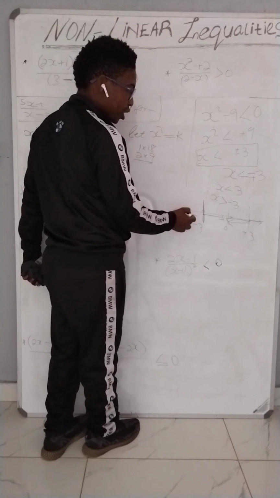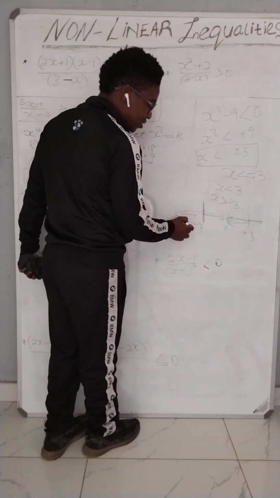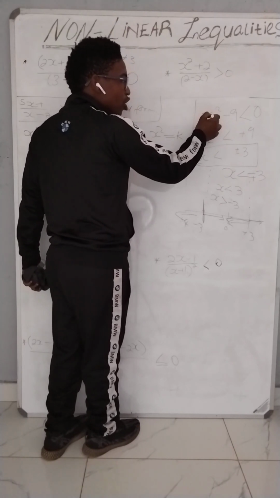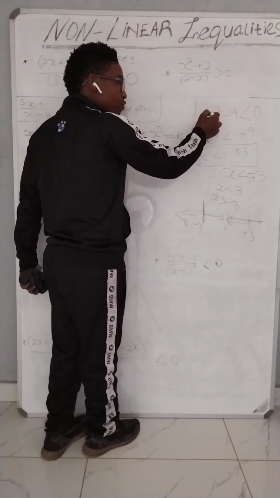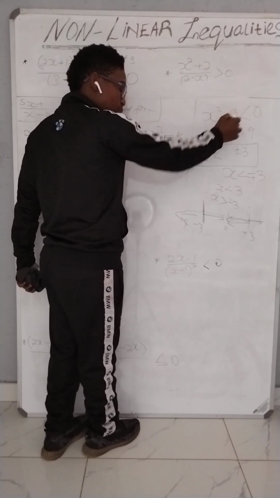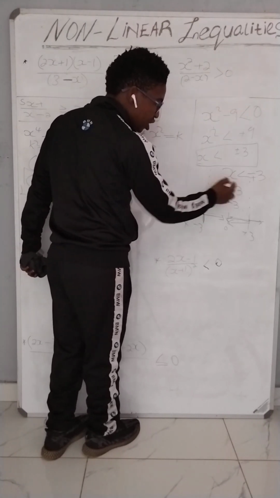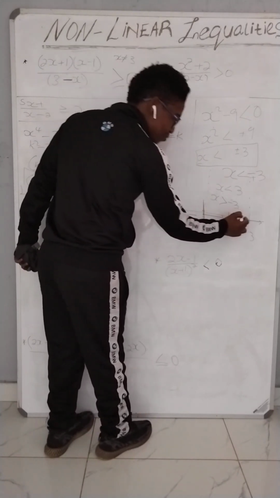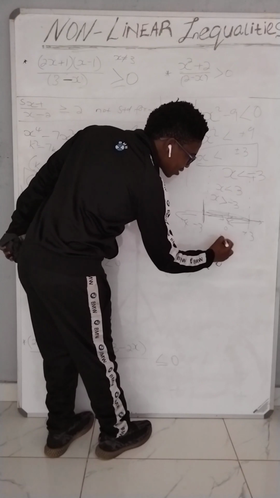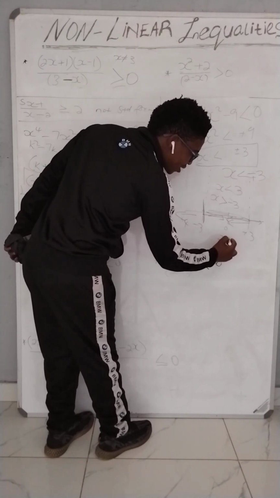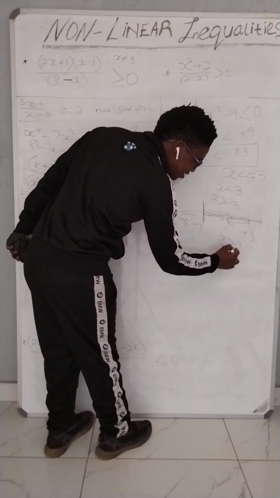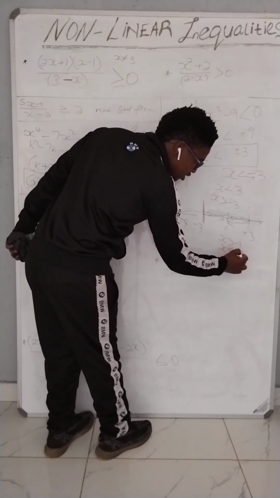And that is not correct because negative 4 is less than negative 3. But if you plug it there, you're going to have negative 4 squared, which is 16 minus 9 is going to be a positive. So actually, your final answer must indicate that your x is here. Your x is greater than negative 3, but your x is less than positive 3.